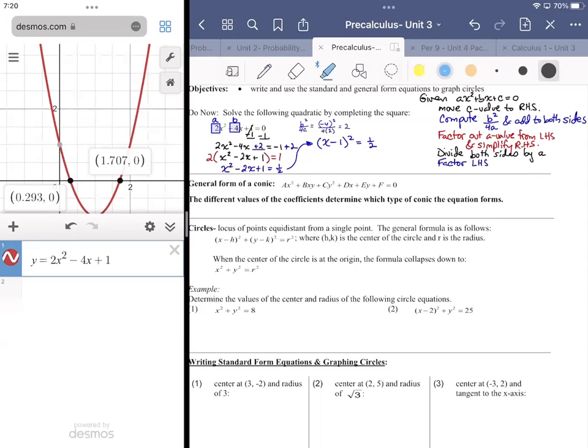If you've done every step up until this point correctly, then it should be very easy to see what the factors are here. Because your first value should multiply by itself to get this. Your second value should also multiply by itself, but to get this. And if that plays out, then you've done it right.